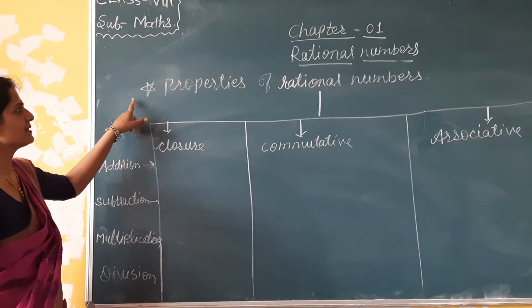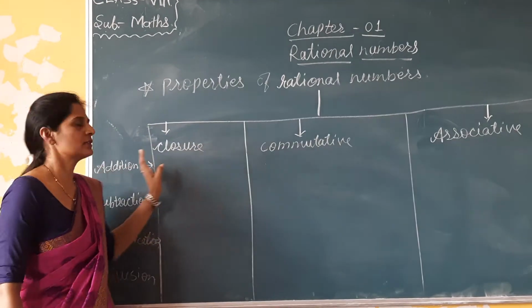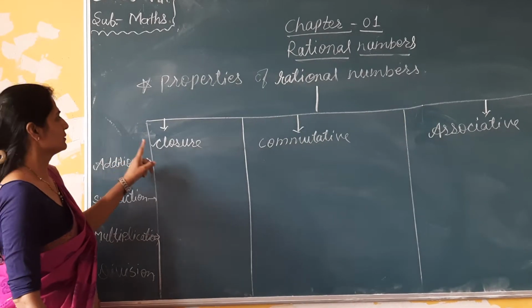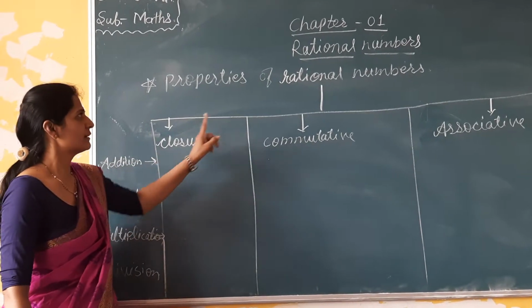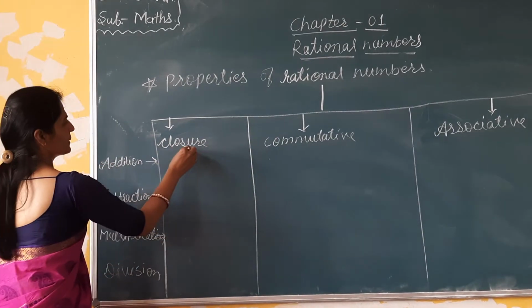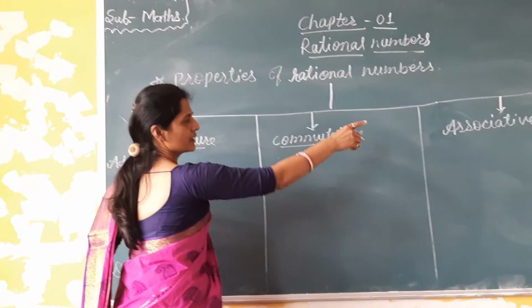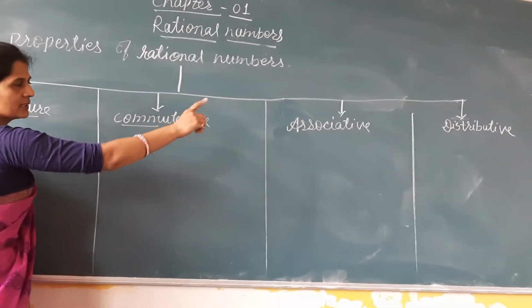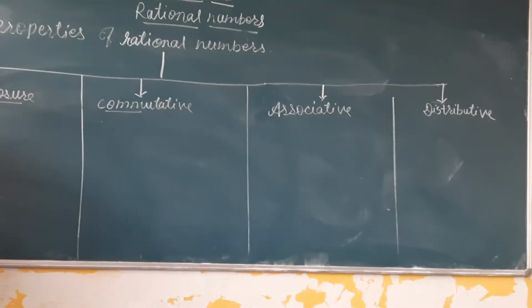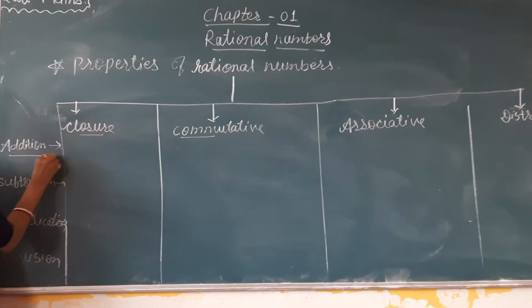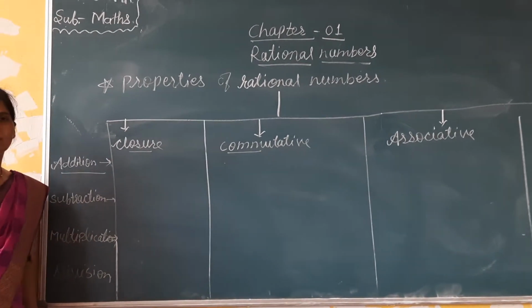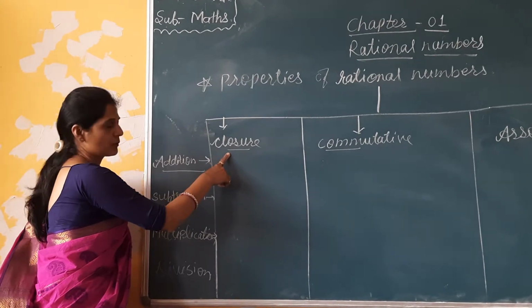Now next topic is properties of rational numbers. First property is closure property, second is commutative property, third is associative property, and fourth is distributive property. Now we will start with closure property.